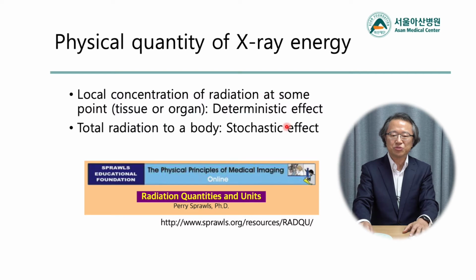When it comes to radiation dose and image quality, the first thing we have to do is become accustomed to some units, especially of radiation quantity. Please refer to Dr. Sproul's webpage for detailed information.